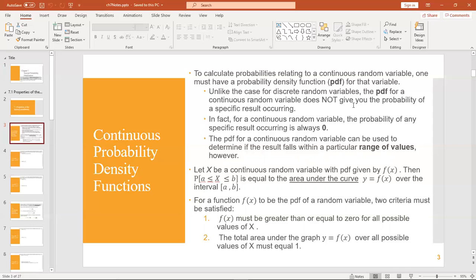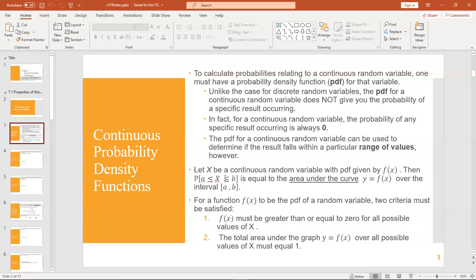And so the probability from A to B, A less than or equal to X less than or equal to B, is basically another way of saying X is between A and B. That corresponds with the area under the curve of the function.